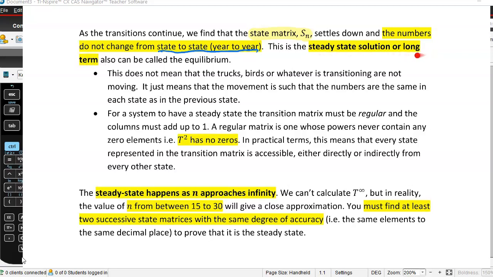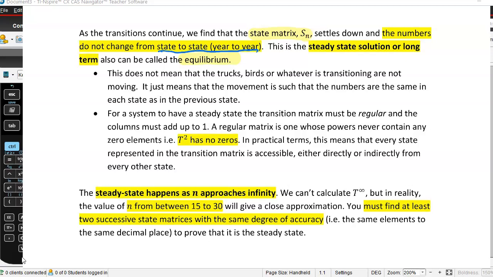Steady state, long term, I've also heard it described as the equilibrium, where everything's sort of equal. So this means that from the outside looking in, those numbers that we're finding in Sn aren't changing as n changes. It looks like they're staying exactly the same.